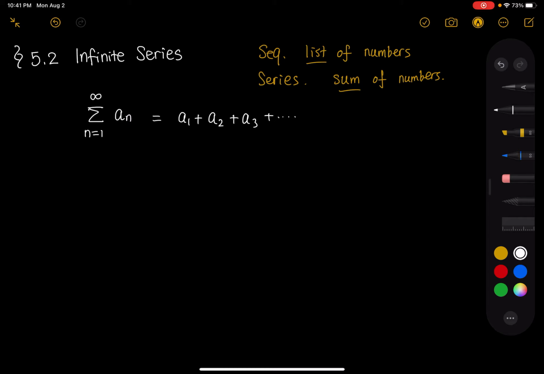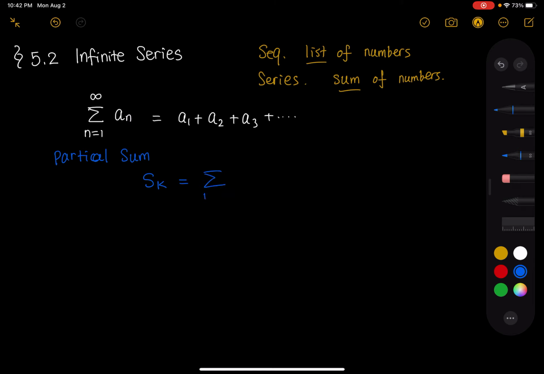Now, if you consider the partial sum, what is the partial sum S sub k?